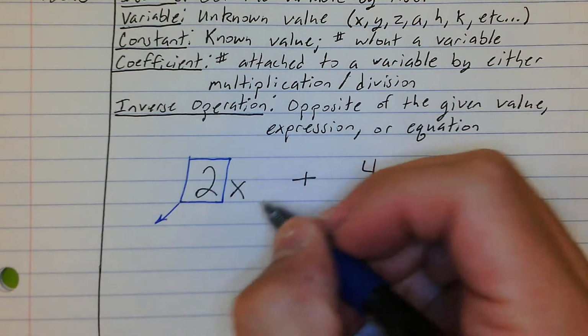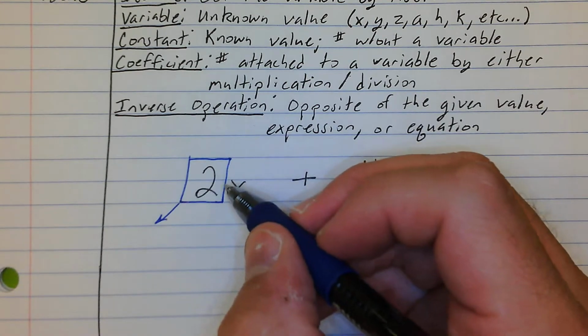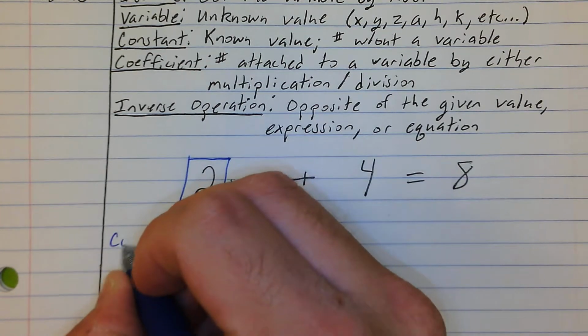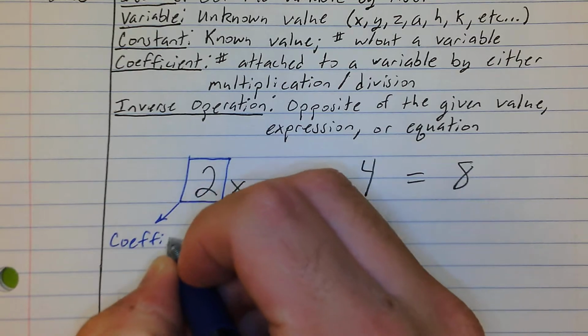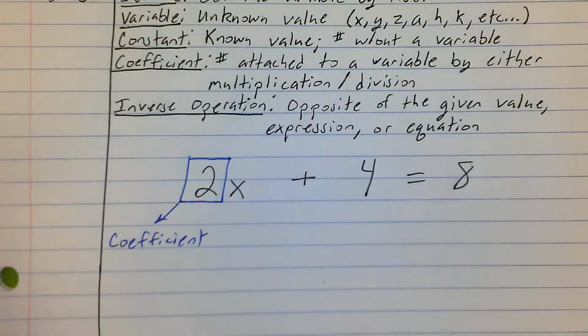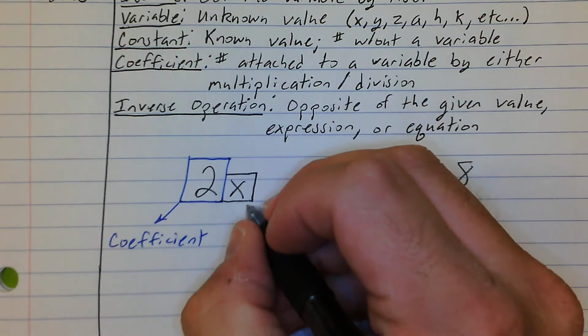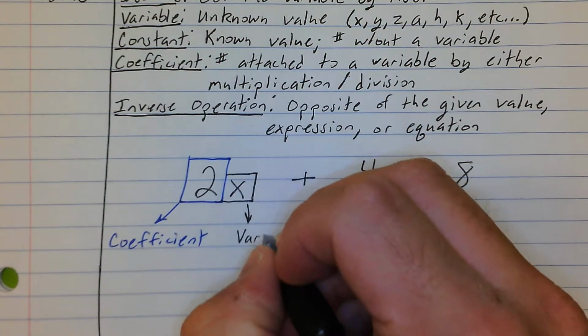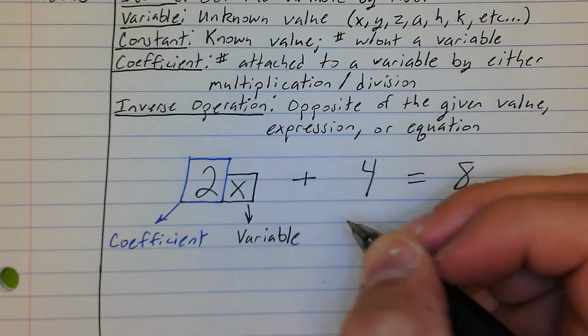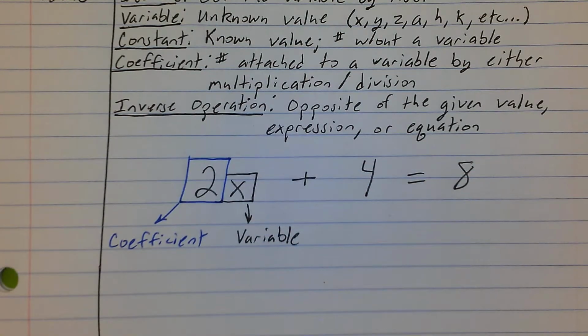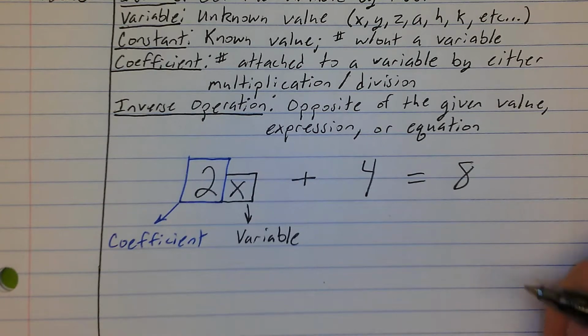The x being the variable, and in this case it's attached by multiplication. So that would be my coefficient. The x itself is my variable. It's my unknown value. I cannot quantify it just yet. I can solve for it, but we don't know what the value of that x is.